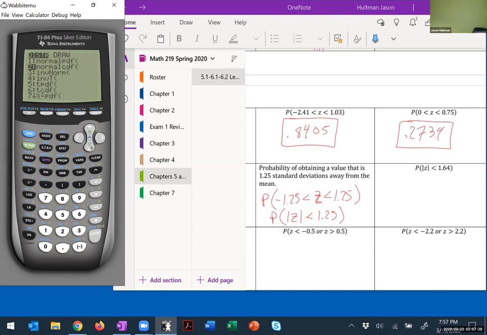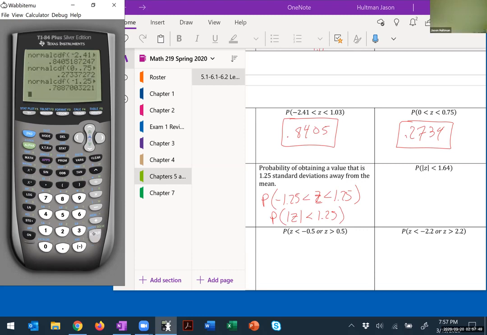Okay, normal CDF. And we're going to go negative 1.25, 1.25. Okay, 0, 1. And we're going to paste that.